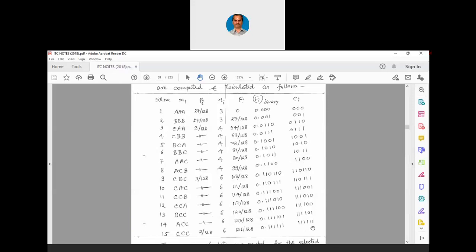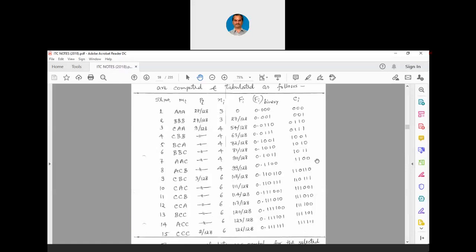Now, when you write these messages, you can always write BBB first, AAA next. It doesn't matter. Similarly, here you can write AAC first, BBC next, ACB next, BCA later, CBB first. You can keep on doing that. It doesn't matter there. Only thing is, for that particular message, you will get that respective code. Even if these codes are interchanged, it doesn't matter much, because all of them are distinct codes.